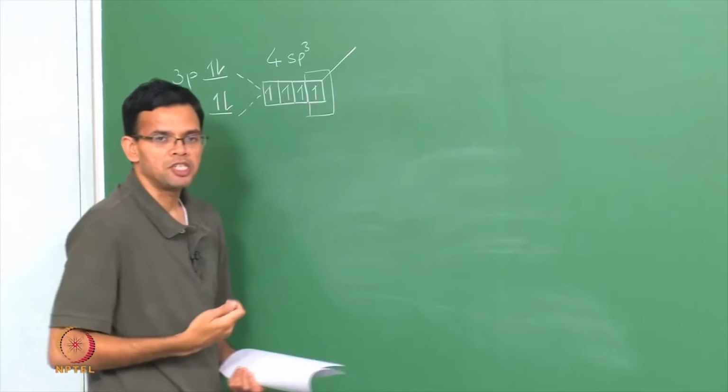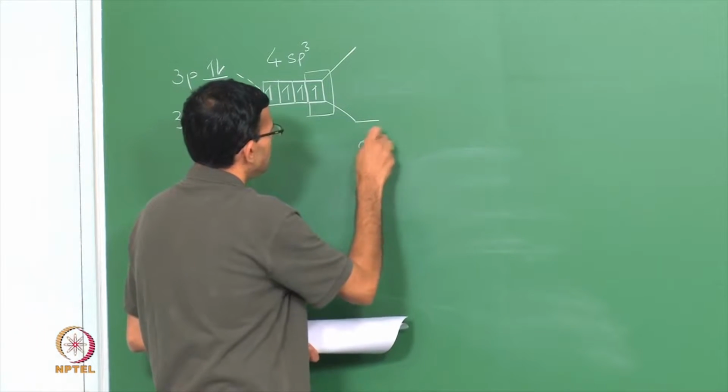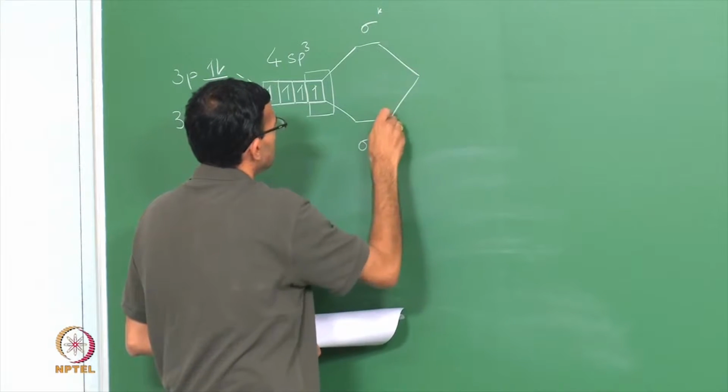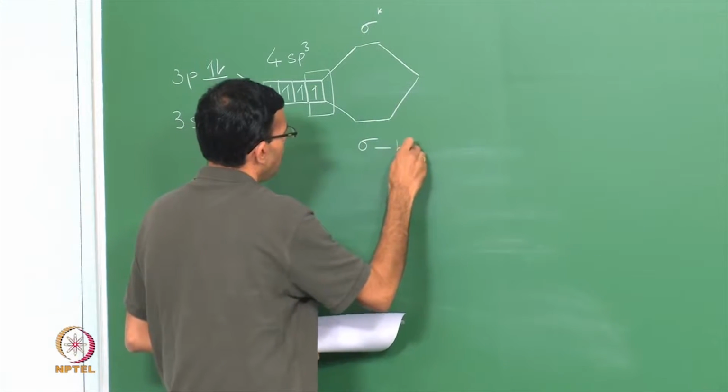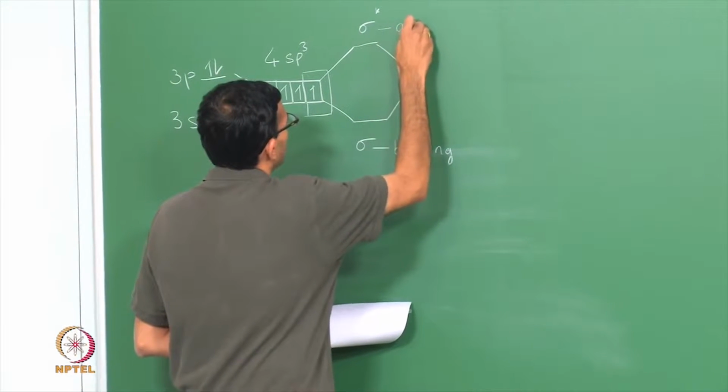This is the same picture that we had in the case of hydrogen. This forms sigma, sigma star. Sigma is your bonding orbital, sigma star is the anti-bonding.